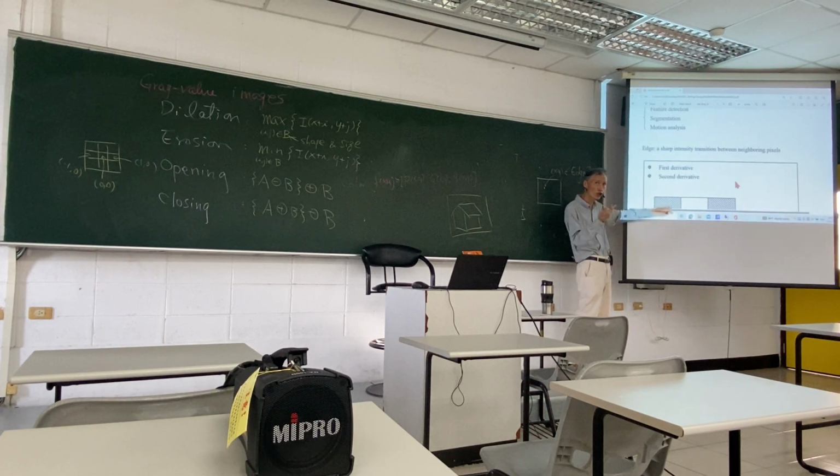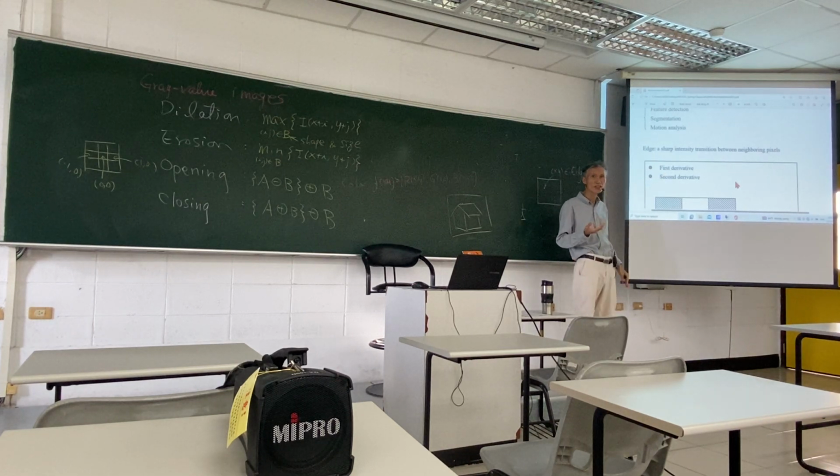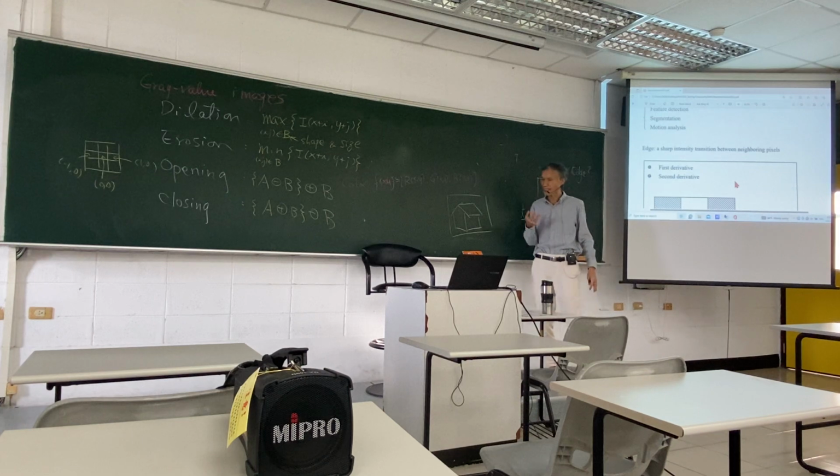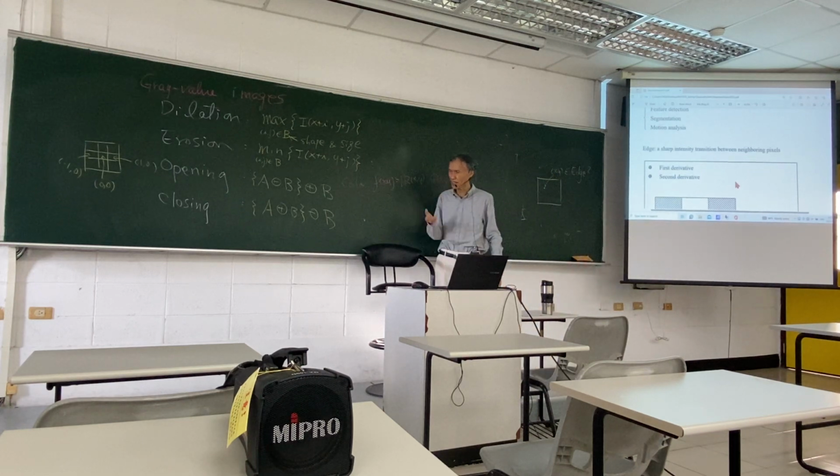So we have two choices. But for implementation, usually we simply go for the first derivative, because whenever we talk about the derivative, it can only be implemented in a discrete image by difference.